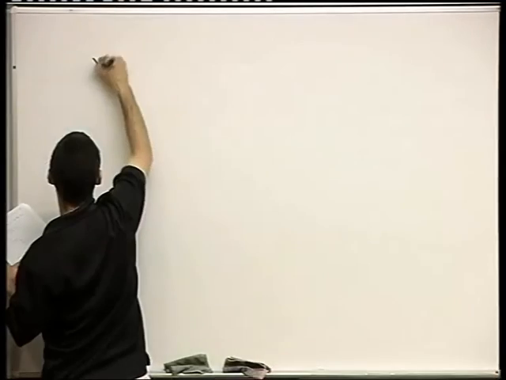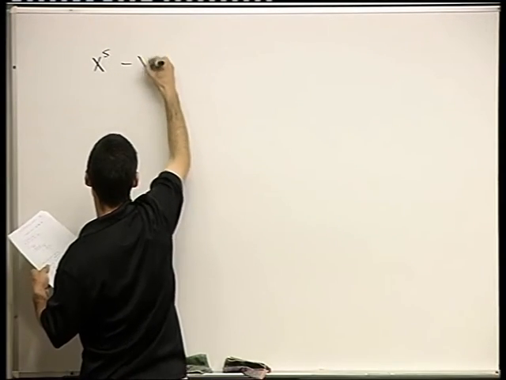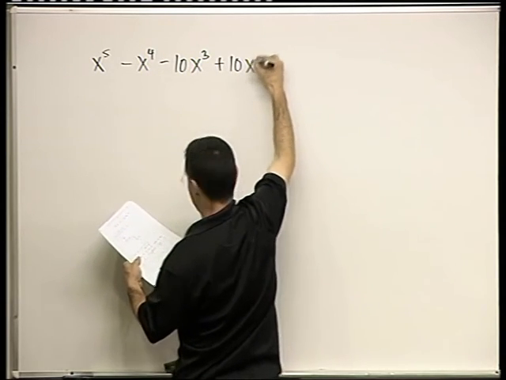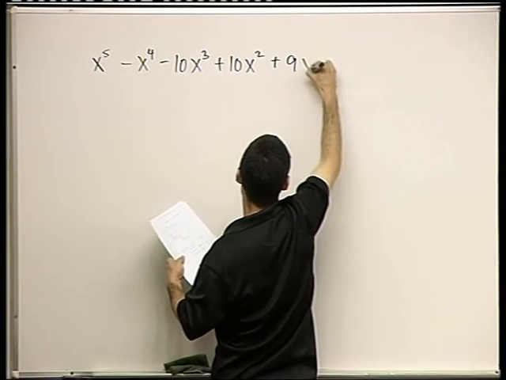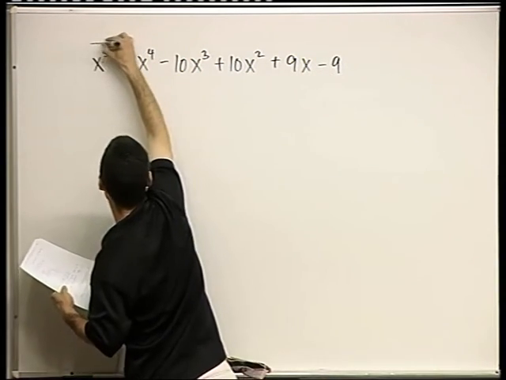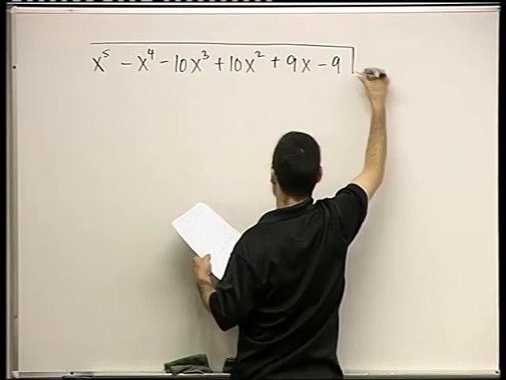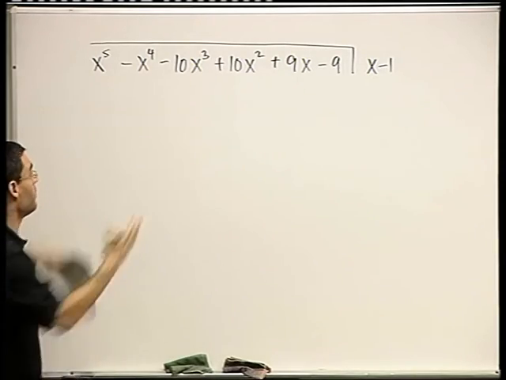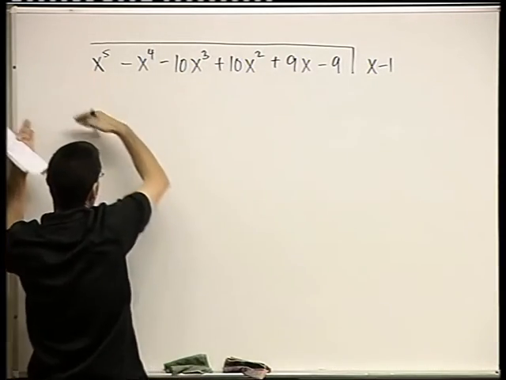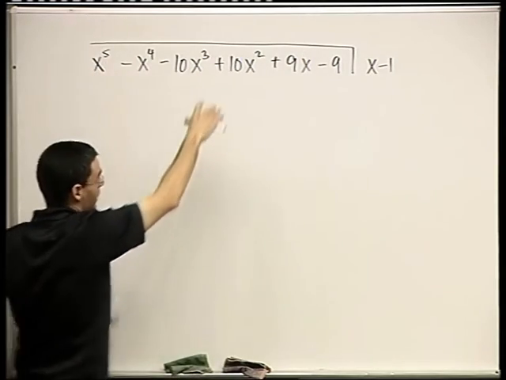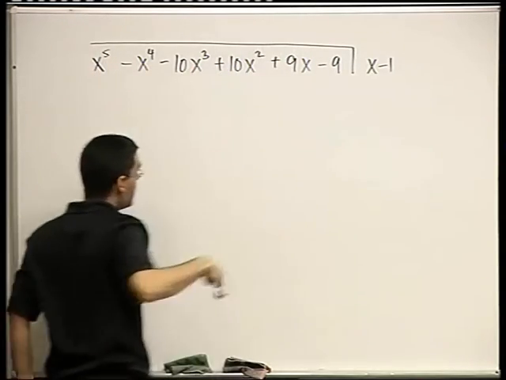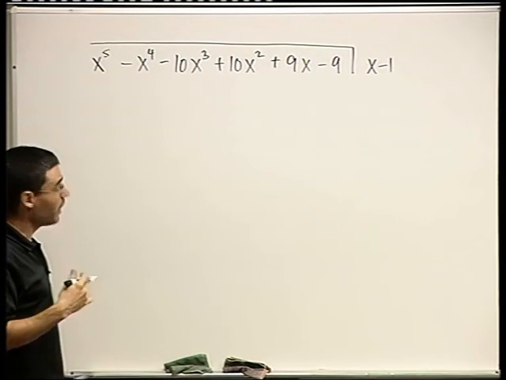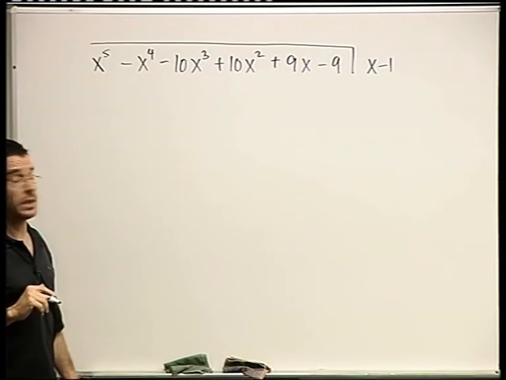So x to the power 5 minus x to the power 4 minus 10x cubed plus 10x squared plus 9x minus 9 divided by x minus 1. This is how I'm used to writing it. Some people write this to the other side. Some people write the result in a different place. I'm going to write the quotient here. It's just a matter of what you're used to, okay? And all ways are fine as long as it's evident what you're doing, okay?